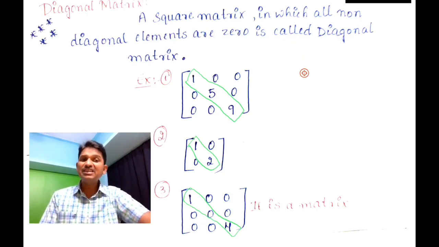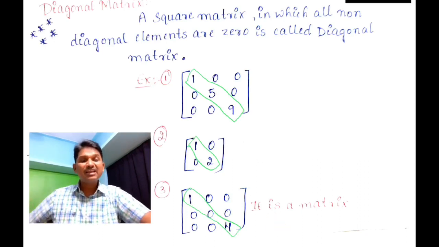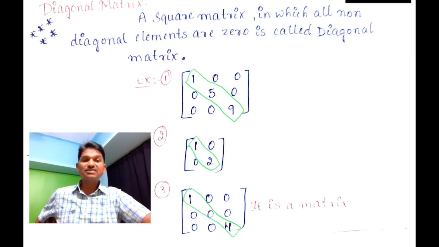Yes, it is satisfying. So what can we say? It is a diagonal matrix. Whatever the 3 examples I have written here, they are examples of a diagonal matrix. In simple words, what is a diagonal matrix? A square matrix in which all non-diagonal elements are 0. That's it. Simple version.